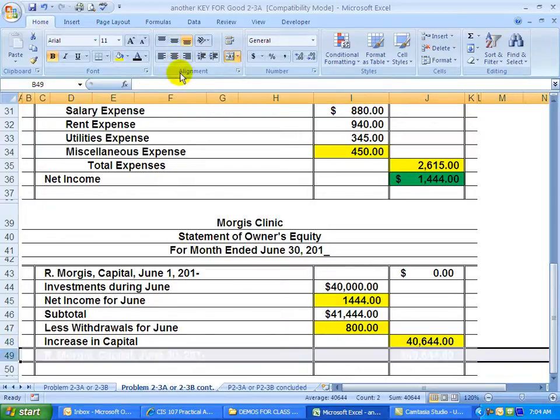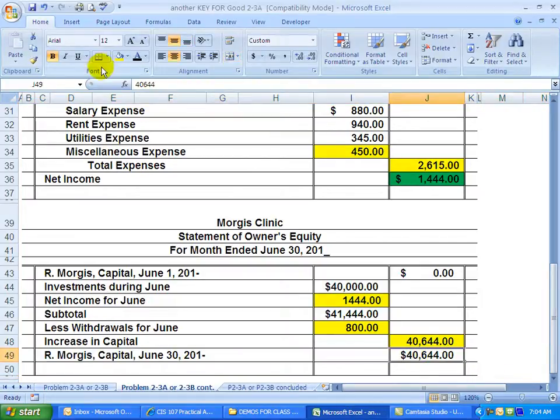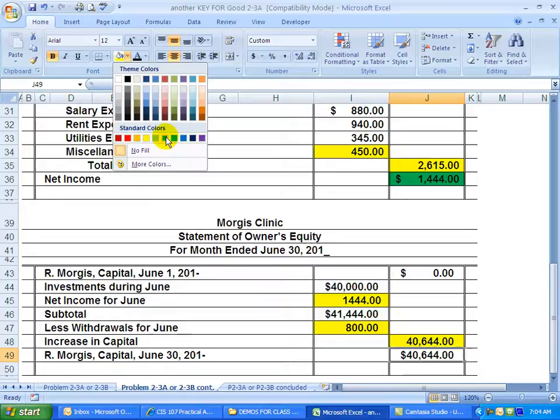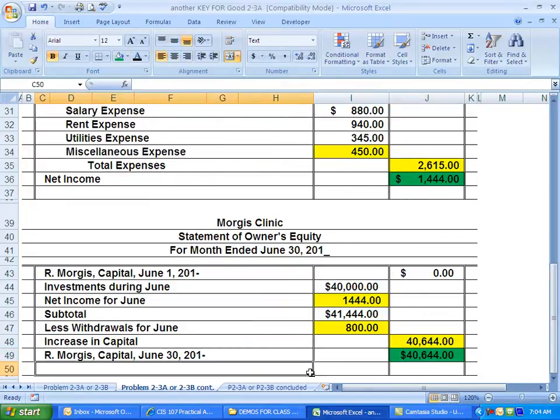This is going to show our capital as of June 30th, the last day of the month. And after here, you're going to have a double green line. Okay, so what's changing capital? Investments, drawing, revenue, and expenses, and all of those have been brought into play here to bring our capital account up to date.